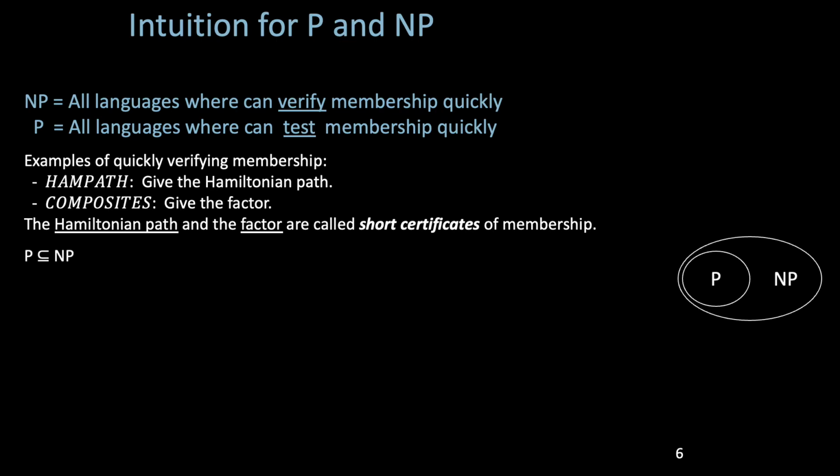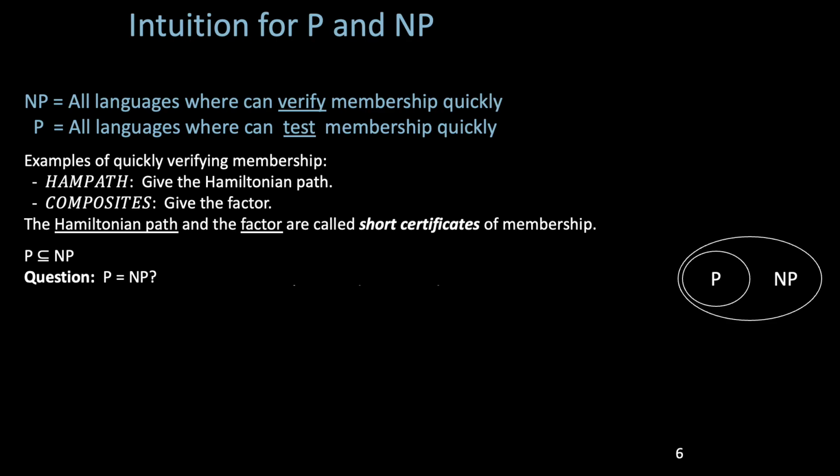You might also call them a short proof or a short witness. Because you can test membership quickly in P, meaning that you could actually solve the problem pretty quickly and determine for yourself if the answer is correct, it is clear that P is a subset of NP, where NP is only if I give you the solution, you can check it quickly.